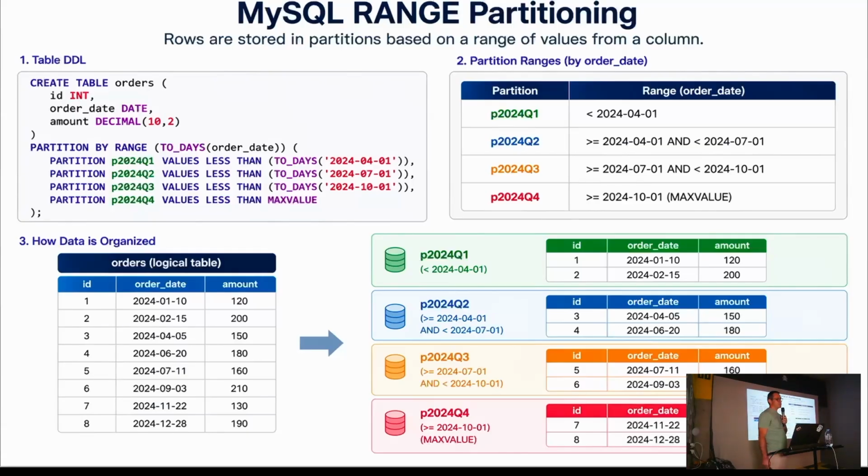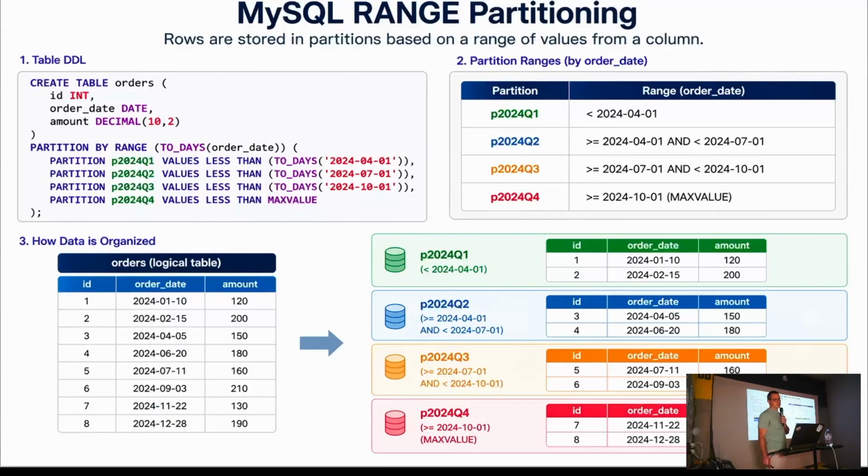Here we have some statements for an example table, and we have this small table. We want to do the partitioning by the order date. The range partitioning actually works with integer numbers. So if you have another data type for the columns, you need to convert it to some kind of integer.